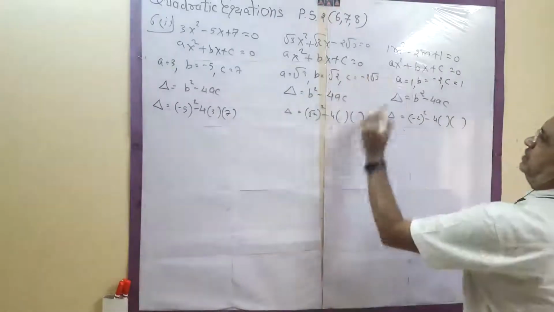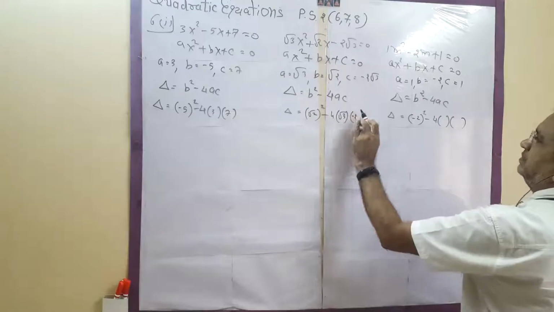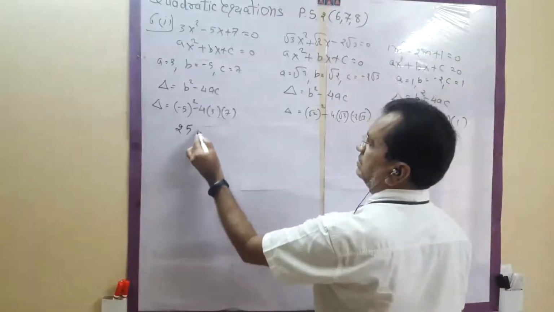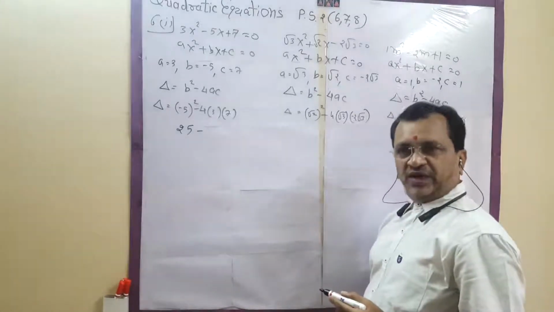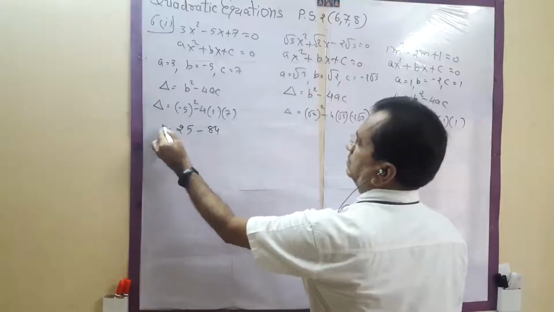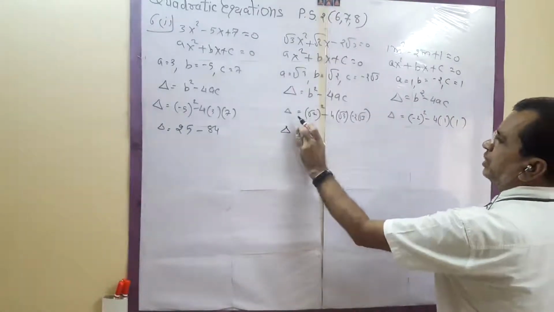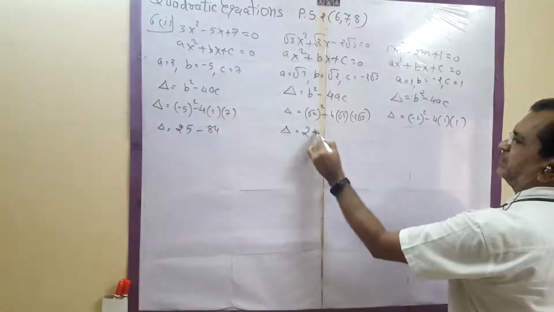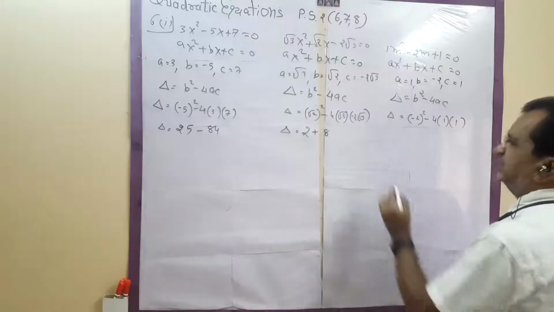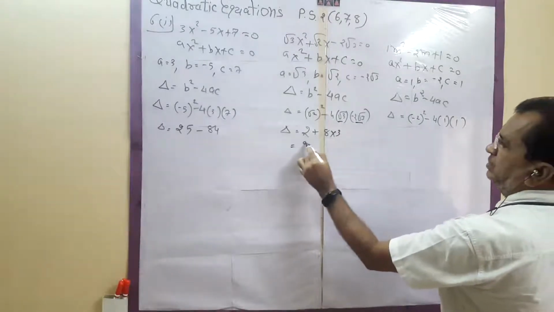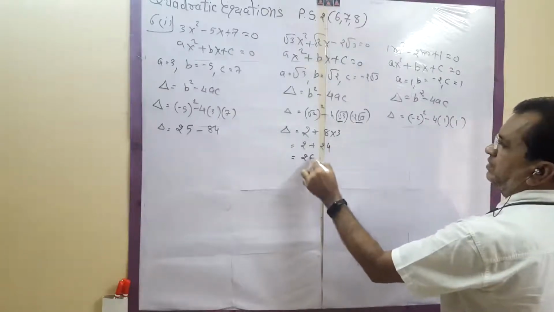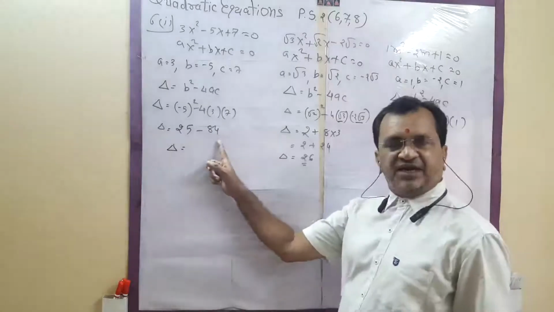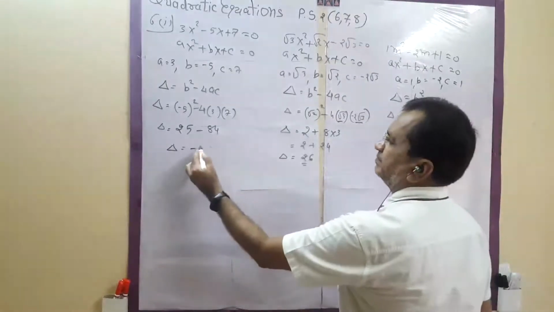5 square is 25 minus 4ac: 4 times 3 is 12, 12 times 7 is 84. So 25 minus 84 is minus 59.